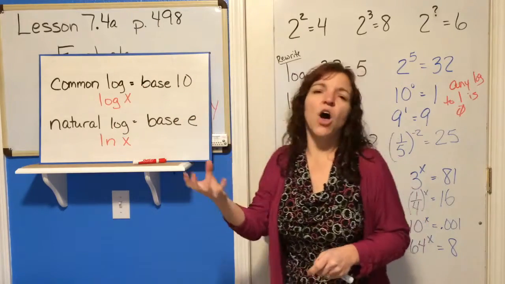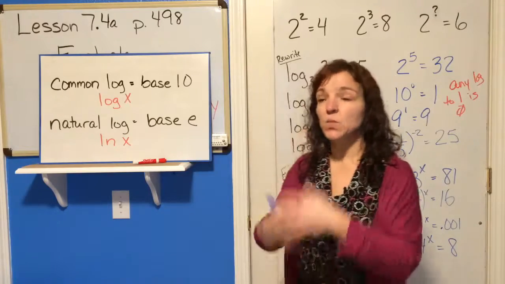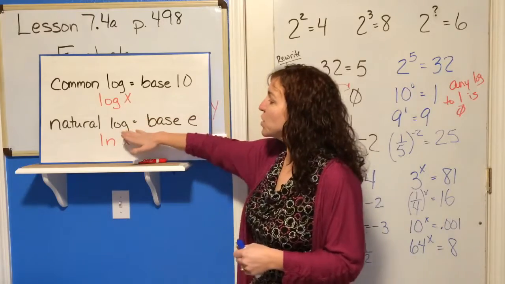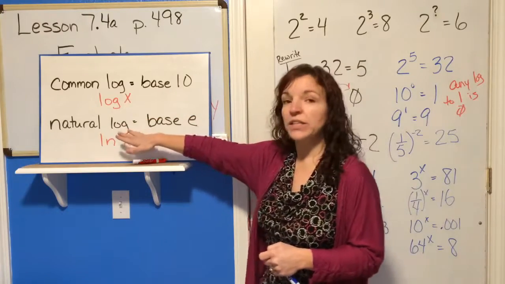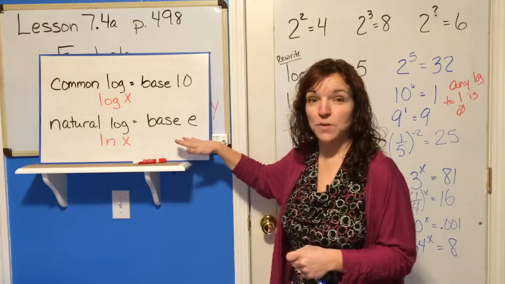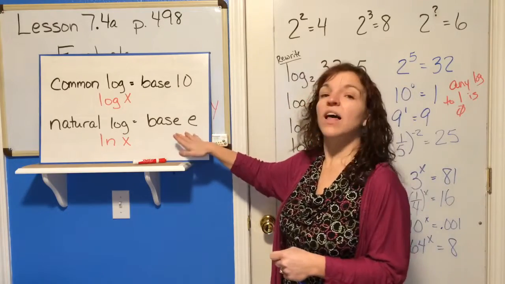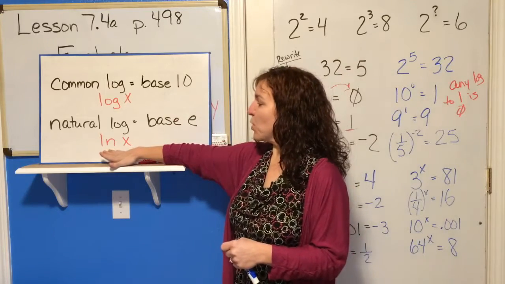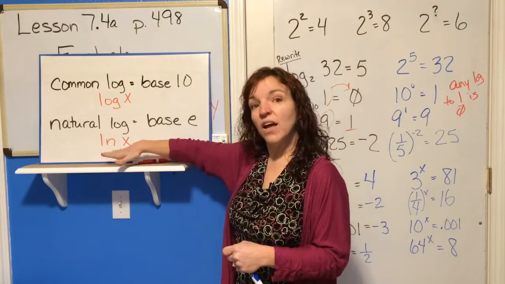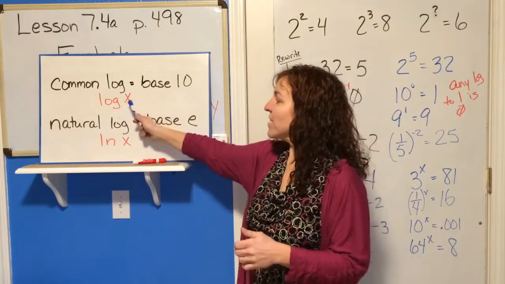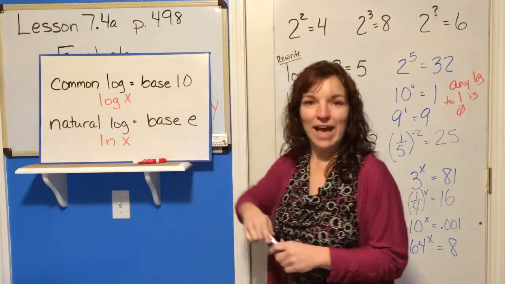All right, and often we use that simply because our system is a base 10 system. Also, we use the natural log. We use base e, which we just talked about in the last section. So we use base e a lot. If we use base e, then we're going to show it with an ln of x, all right? And so this simply means log of x, and this means natural log of x.